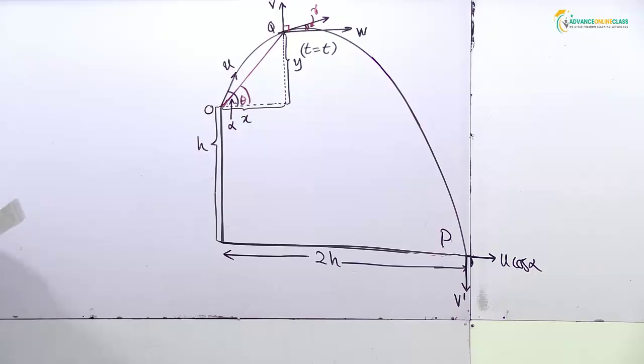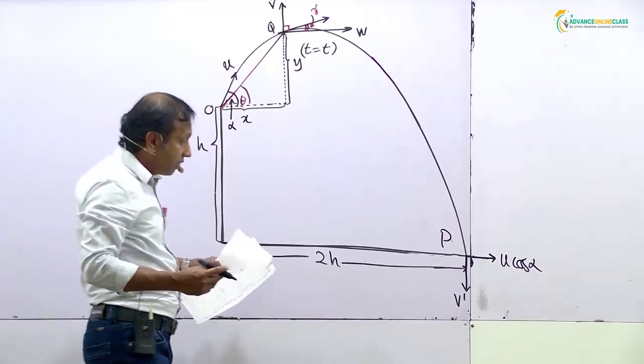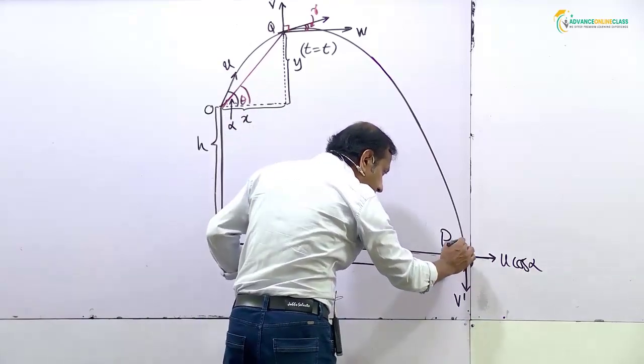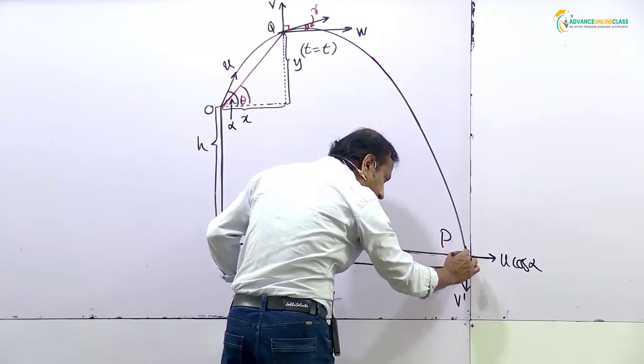As the particle hits the ground, the direction of motion makes an angle beta with the horizontal. This is the direction of motion at that moment.